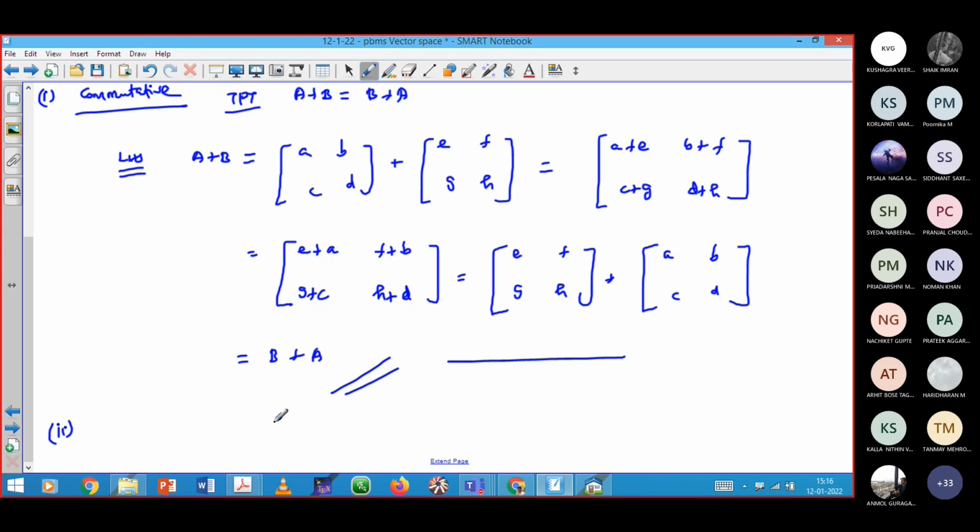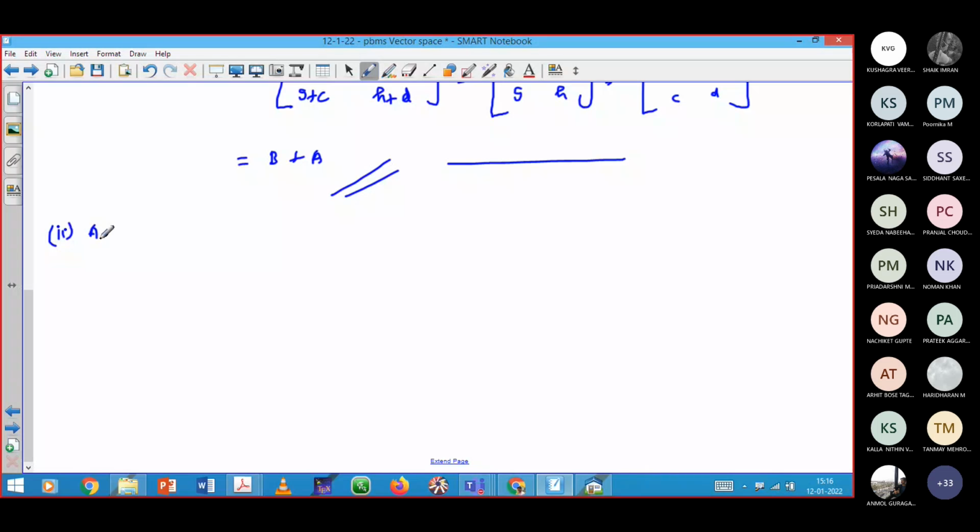Any guess what I need to prove in the associative property? A plus bracket B plus C, equal to A plus B bracket plus C. Very good.